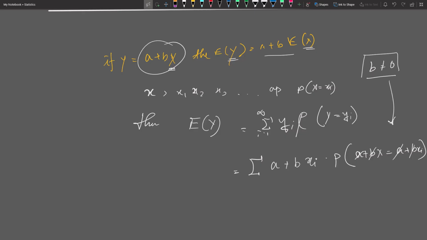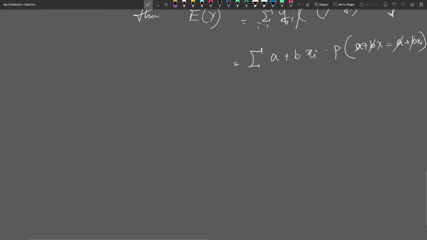Otherwise, if b is equal to 0, then Y is equal to a, and the expectation of Y will also be equal to a, because this behaves only like a constant, and everybody knows the expectation of a constant is the constant itself. So let's move forward from this step.